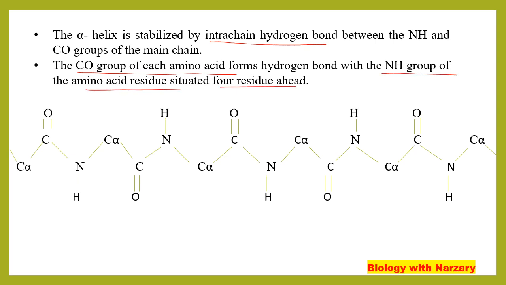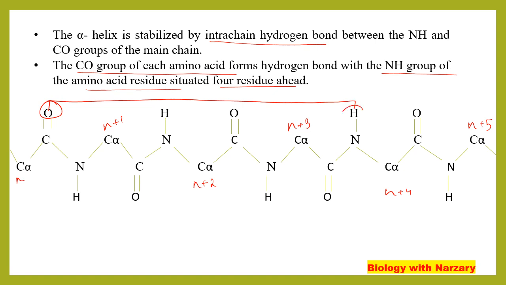You see here in this structure, this is the alpha carbon of the first amino acid residue, second, third, fourth, fifth, and the sixth amino acid residue. Now the carbonyl oxygen of the first amino acid residue will form a hydrogen bond with the amide hydrogen that is situated 4 residues ahead. Similarly, the carbonyl oxygen of the second amino acid residue will form a hydrogen bond with the amide hydrogen that is situated 4 residues ahead.